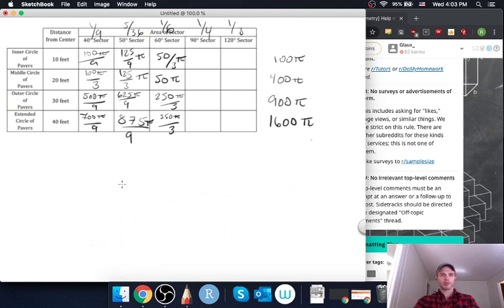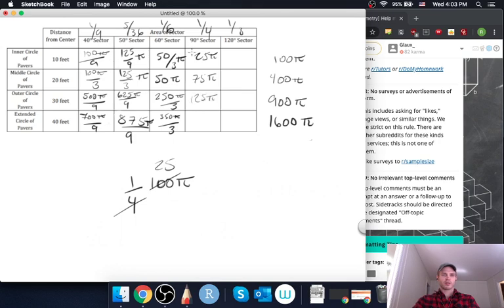Okay, so this becomes 1/4, finding this one here, 1/4 times 100 pi, and that is 25 pi. So here's 25 pi. 3 times that is 75 pi. And then, what did I say? This was 5 times, so that is 125 pi.